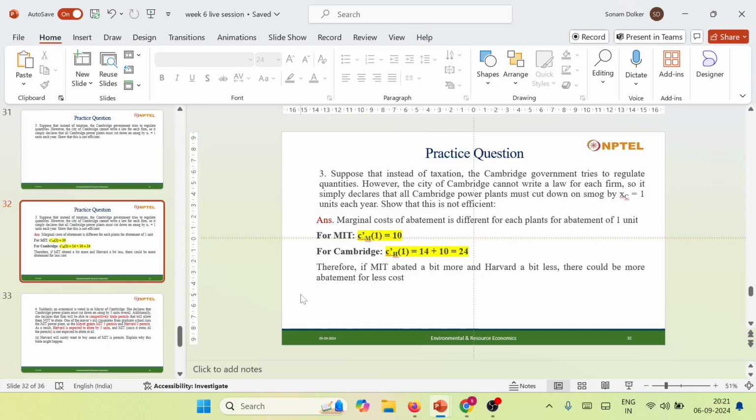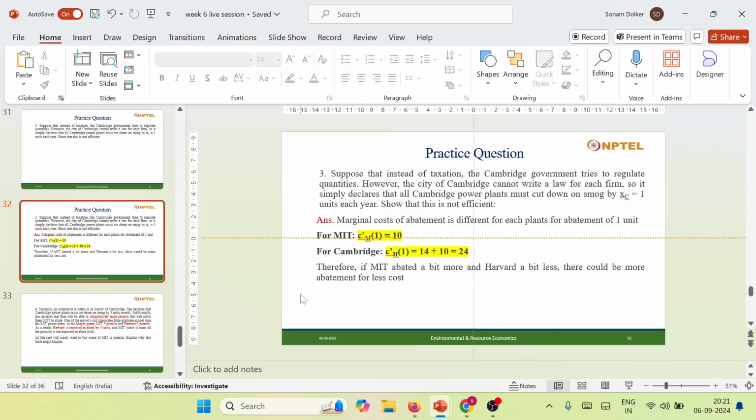So we can say that if we impose some standard, then the uniform standard system is ineffective, because the abatement cost is higher. If the emission taxation system is there, then the cost would be lesser.